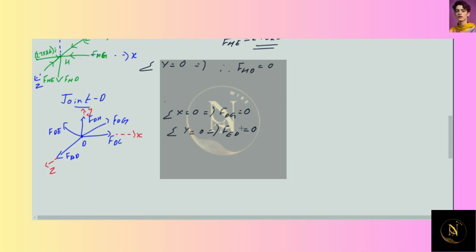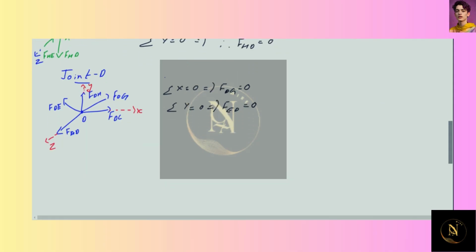Now let's go to the next joint, that is joint E. Let's draw the diagram first.